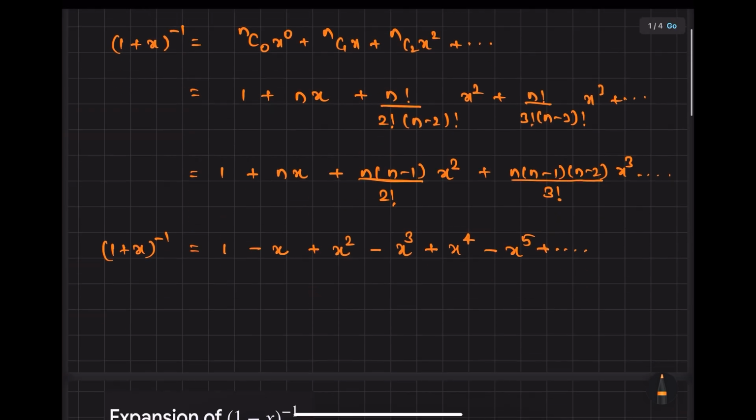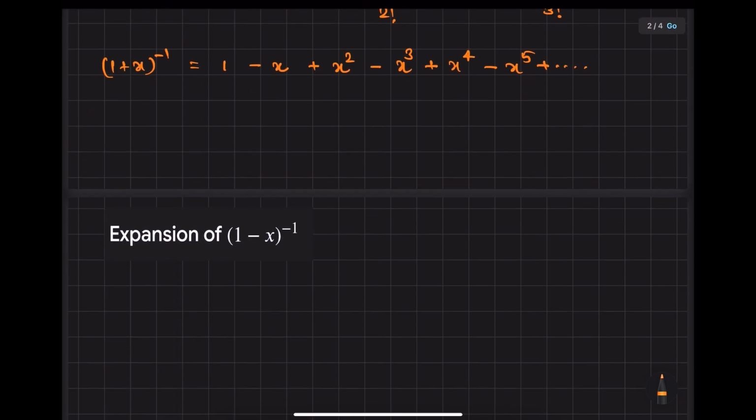Correct? So similarly, you have to solve for 1 minus x power minus 1. When you solve, you will get everything positive only. This thing, 1 minus x power minus 1, will become 1 plus x plus x square plus x cube plus x power 4 plus x power 5, dot dot dot.